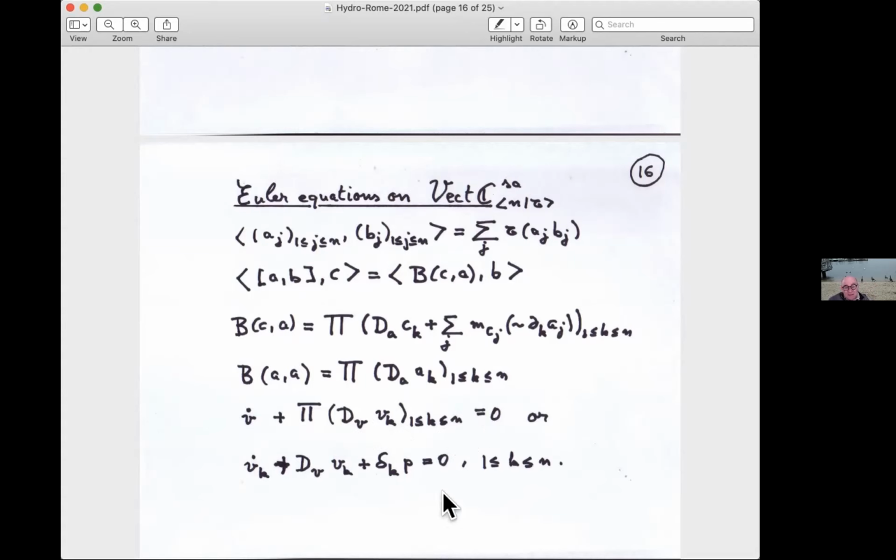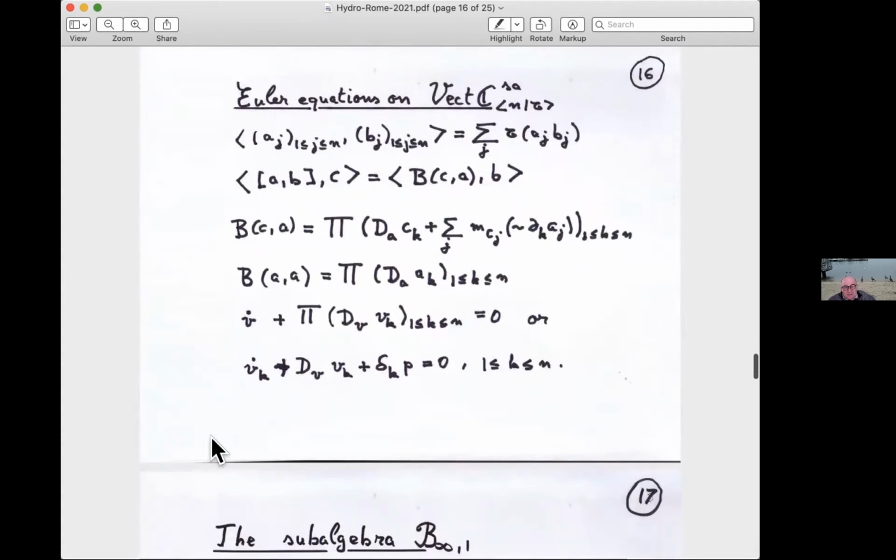And the V's are required to be divergence free. So this is not an equation, this is written in a different way. The divergence free condition is that V is in this space of vector fields SA. And this can also be given a form without the Lincei projection: Vk dot plus dV applied to Vk, and here you add a component of a cyclic gradient. That's the other form of these Euler equations.